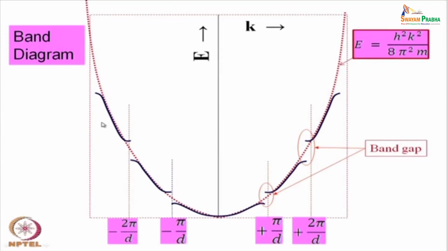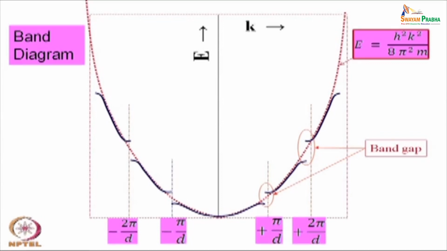So, the energy levels are really not continuous, as we have seen in free electron theory. Free electron theory provides continuous energy levels, whereas in reality the energy levels are discontinuous. So, they come in the form of bands of energy levels, and that is the reason for the name, band model. So, we have bands of energies, and in between the bands there are forbidden energy levels or band gaps.